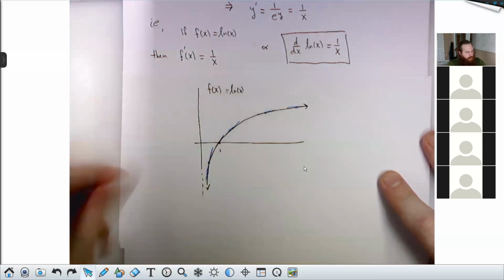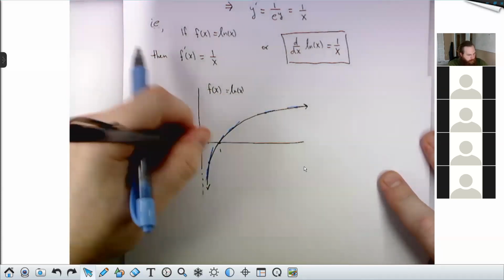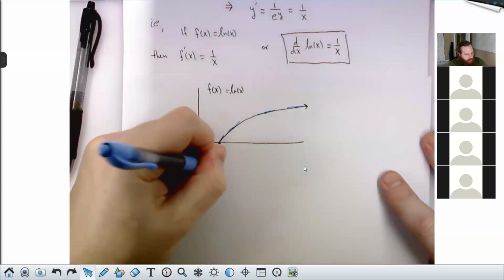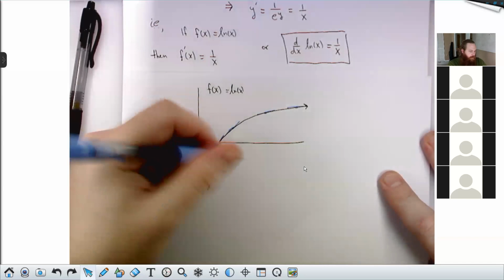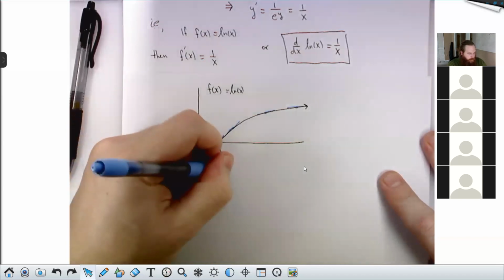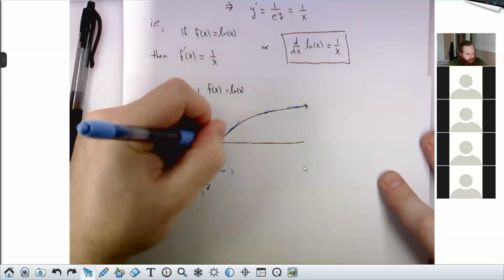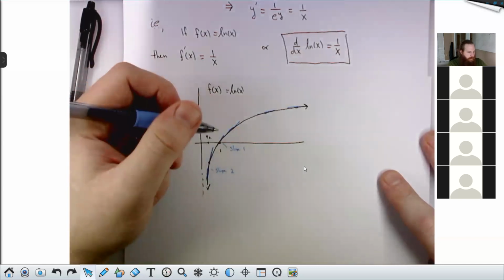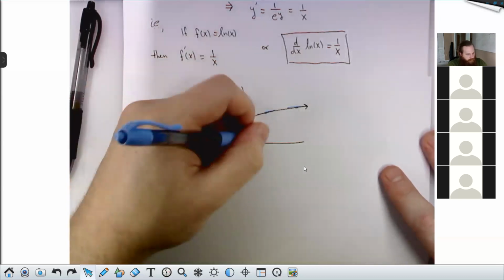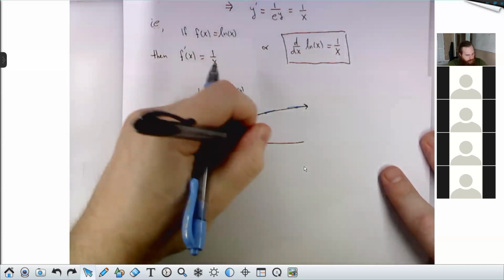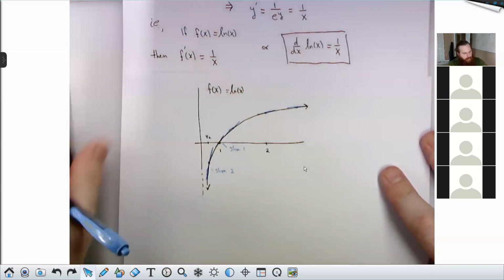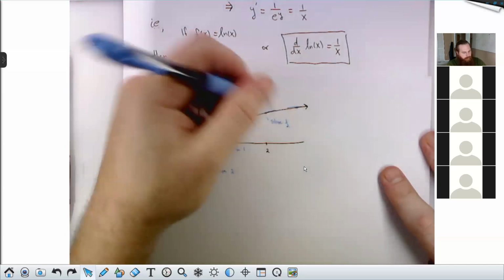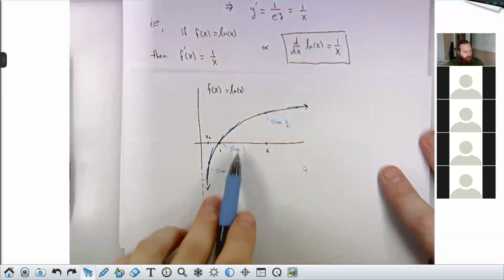So if this is 1/2, then the slope here is 2. If this is x equals 1, then the slope here is 1. If I come out to x equals 2, the slope here is 1/2. And you notice the pattern with these slopes.